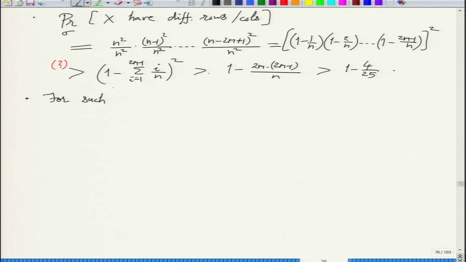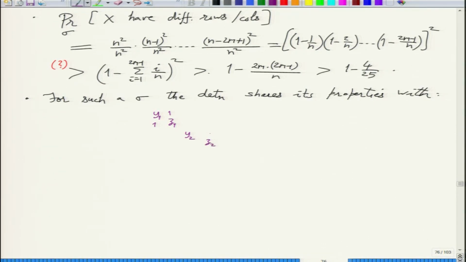For such a sigma, the determinant matrix shares its properties with the following structure. This is only 2m cross 2m.